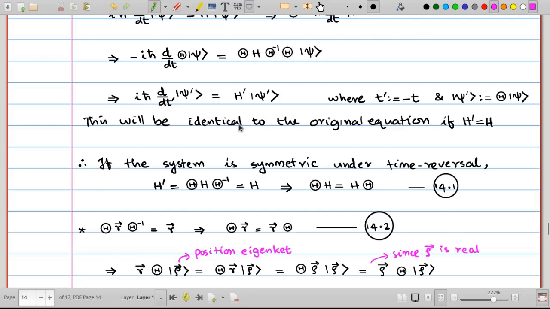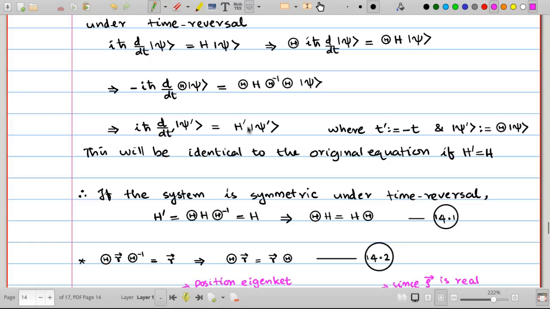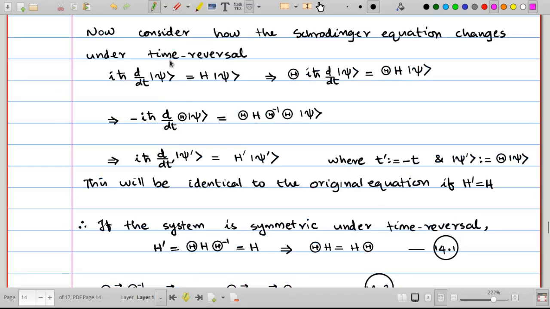If it so happens that H dash, that is the transformed Hamiltonian, is the same as the original Hamiltonian, then the transformed state in the transformed time obeys exactly the same Schrödinger equation as the original state with the original Hamiltonian in the original time parameter. Then we would say that the Schrödinger equation remains unchanged under this transformation.